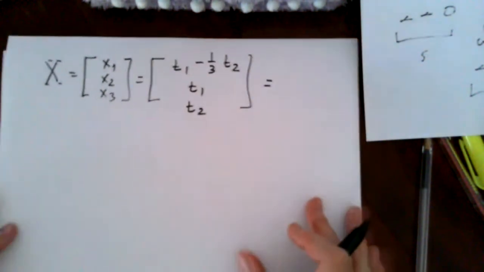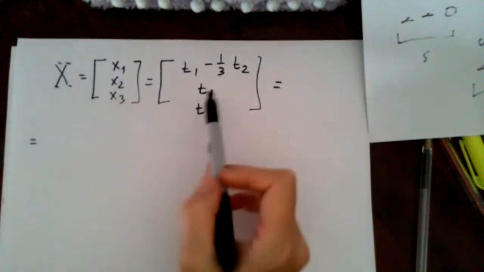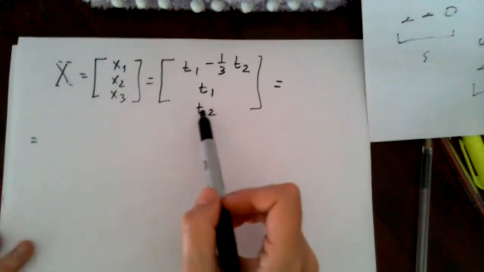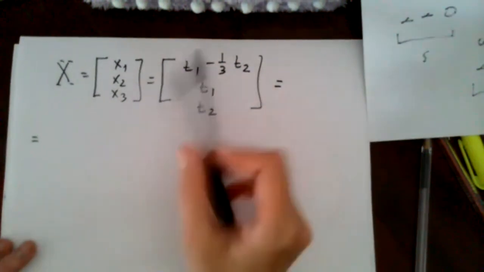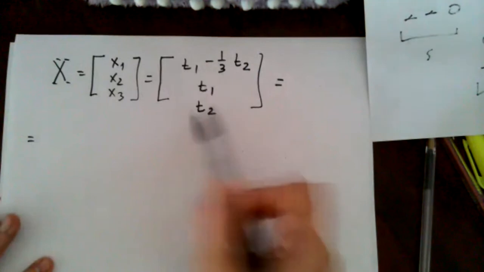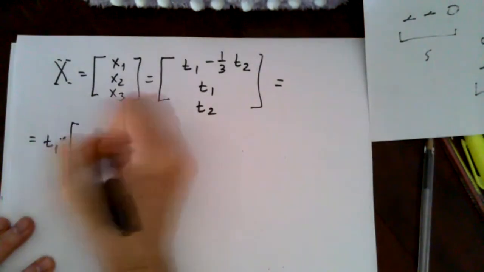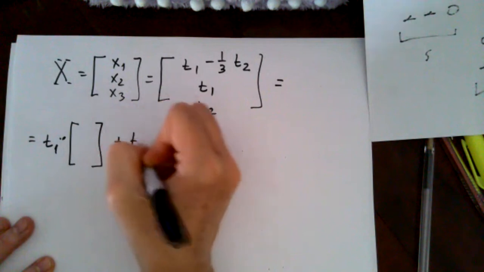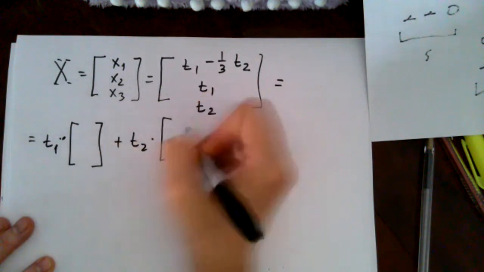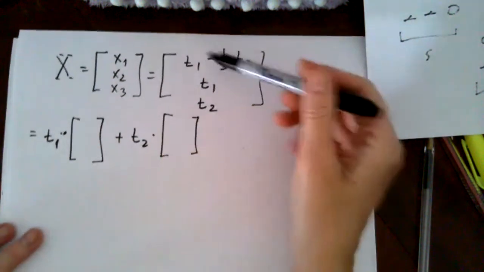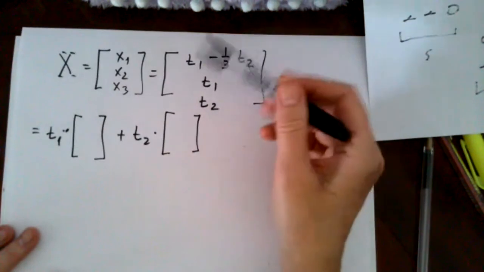So this is a very interesting situation. And now, as you may remember, we need to split this column into two columns. The first column are coefficients in front of t1, and the second column will be written as coefficients in front of t2.